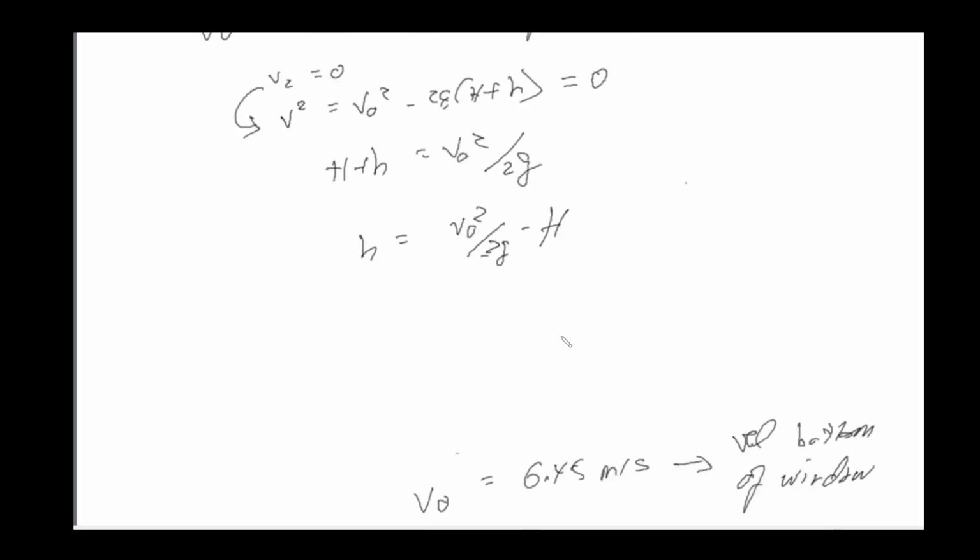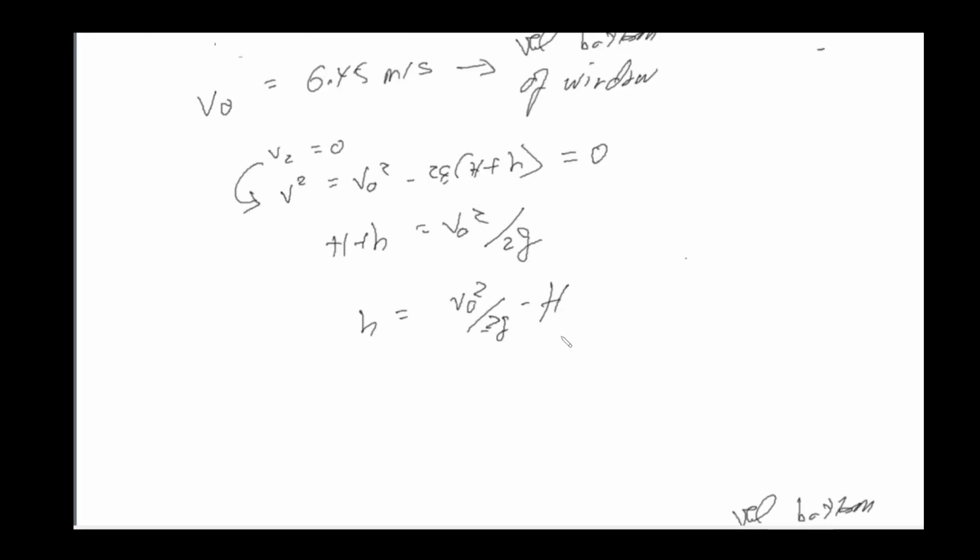And we know these figures. v0 squared is 6.45 squared, which we just found above, over 2 times 9.81, minus h, which we know is 2 meters.